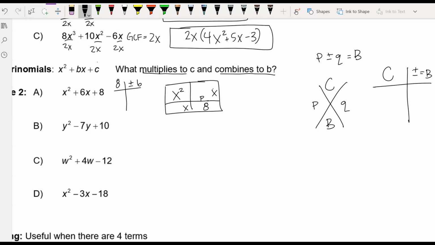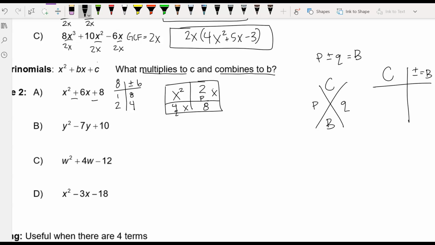So this is your P and your Q. So we know that those will add up to be 6. So we have 1 and 8 and 2 and 4. Well, 1 plus 8 does not equal 6, it equals 9. 2 plus 4 though equals 6, so 2 and 4. So they're both positive, so that means that our numbers will also be positive.